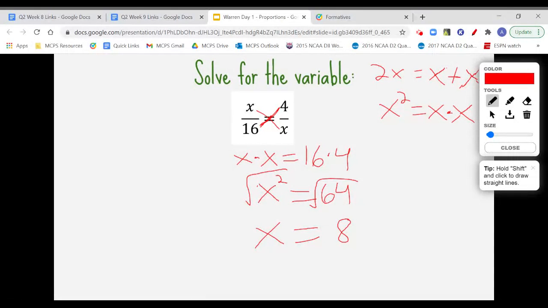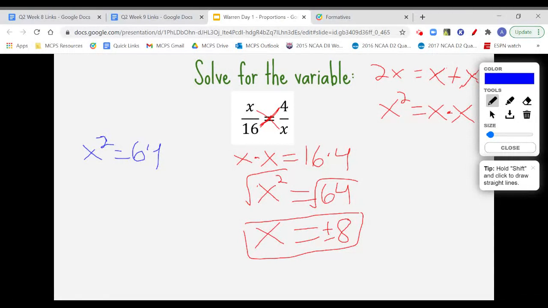And then once I have this though, x equals 8 is not my only answer. Technically, my answer is actually x equals plus or minus 8. And it's very important that we remember to always include a plus or minus anytime we take the square root while solving. And just a reminder as to why that works. Again, we went over this a lot before Christmas break. The step before is x squared equals 64.